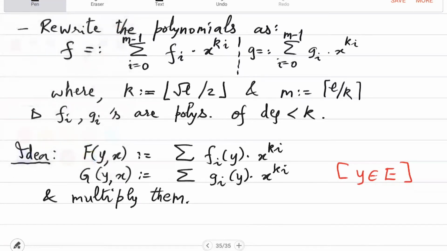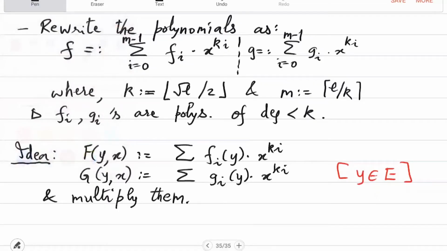Since Fi and Gi to begin with had degree around square root L, you can think of the coefficients as having very small degree. So in y also they have very small degree. And what is the order of y, or what was the degree of the modulus of E? L by 2. So in terms of L by 2, this square root L is very small. These coefficients of big F and big G, we have made them small degree.